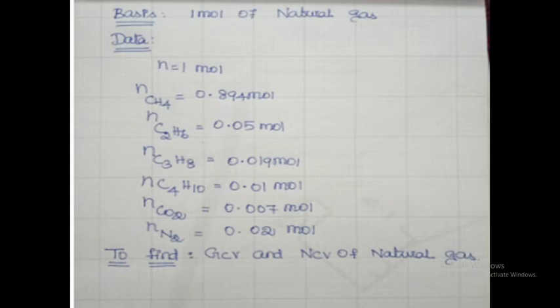Moles of C4H10 is 0.01 mole. Moles of carbon dioxide is 0.007 mole. Moles of nitrogen is 0.02 mole. To find GCV and NCV of natural gas, this is our objective of this problem. Are you clear or not?